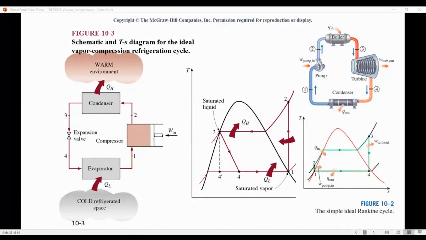You see there? Same. The difference is that at our Q out we get QL. Instead of going 1, 2, 3, 4, we're going the other way, and our components are switched. On top we have the condenser, where normally we had Q in, and at the bottom we have an evaporator, which is the same as the boiler.